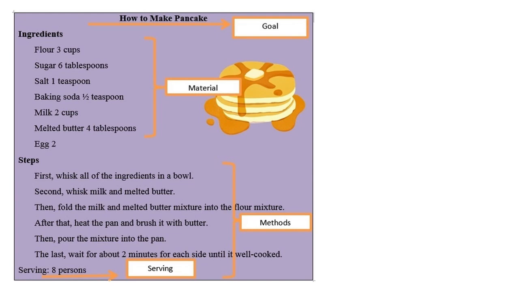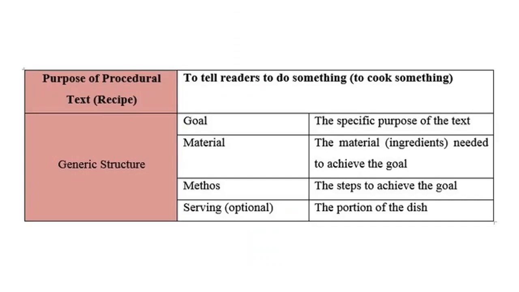Ingredientnya adalah material, what you need to prepare, dan method itu adalah tahapannya, servingnya itu adalah cara menyediakan, cara menyajikannya, right? Okay, so dari sini kita tahu bahwa generic structure-nya adalah seperti ini, right?